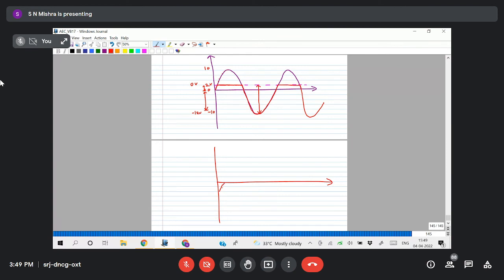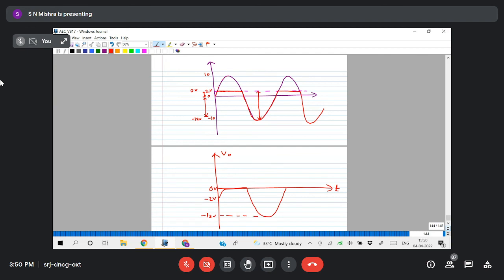Like this, 0, like this is T, and this is your 0, this is your minus 12 P naught, this is minus 2. Whenever input is 0, I have taken here.